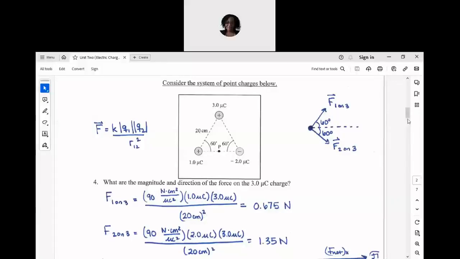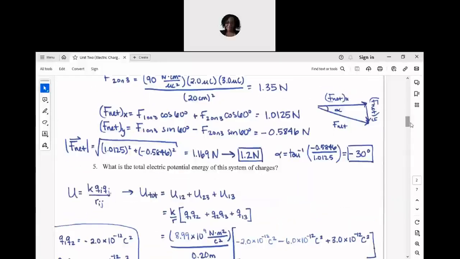So I have a 60-degree angle with the horizontal each time. I'll take cosine 60 for the x components. I'll take sine 60 for the y components. And one of my y components, F2 on 3, is going to be a negative, so I have to treat that as a negative. And I end up with F net x and F net y.